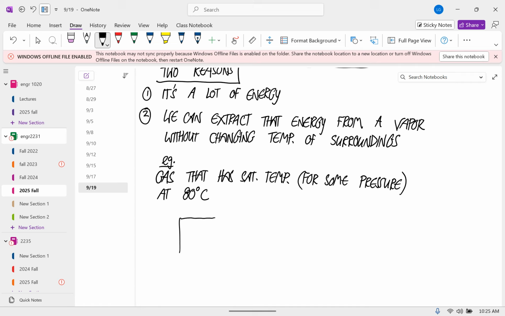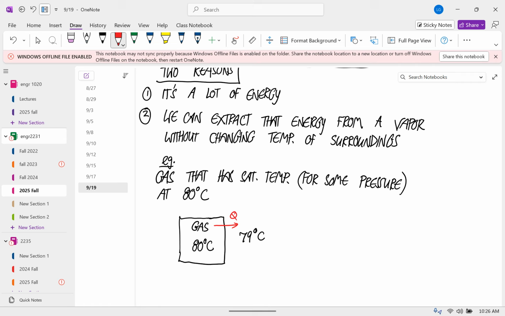So if this is our gas, and it's 80 degrees Celsius, we can have our surroundings at, let's say, 79 degrees Celsius. And heat will flow from the gas to the surroundings. We're extracting that energy.